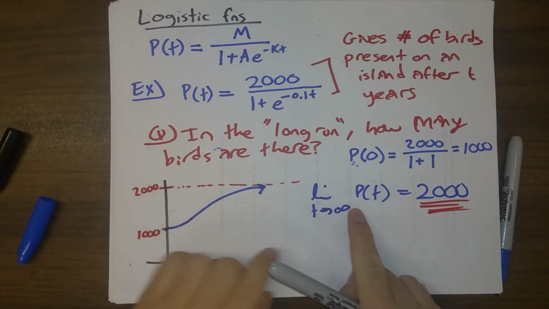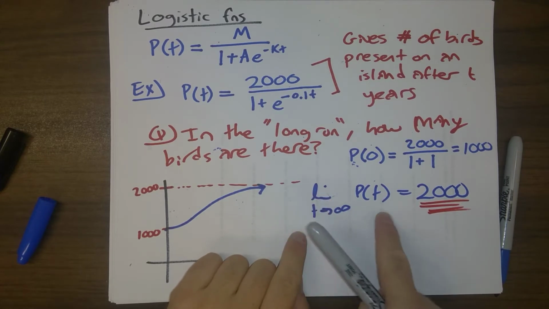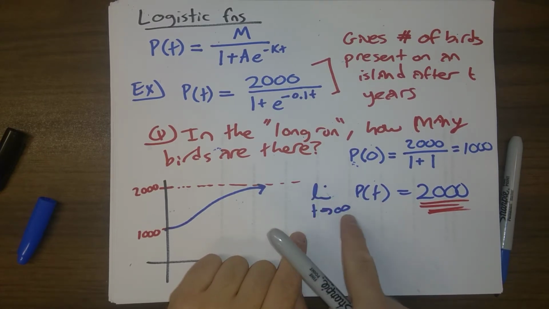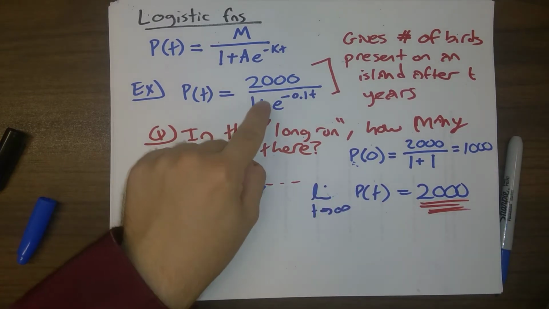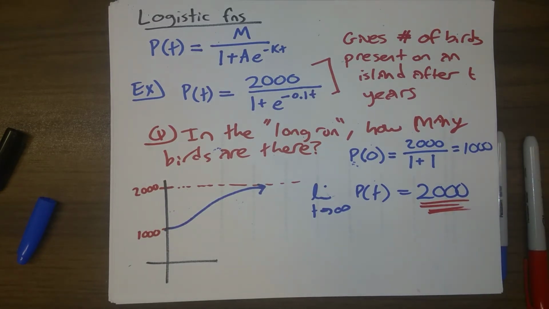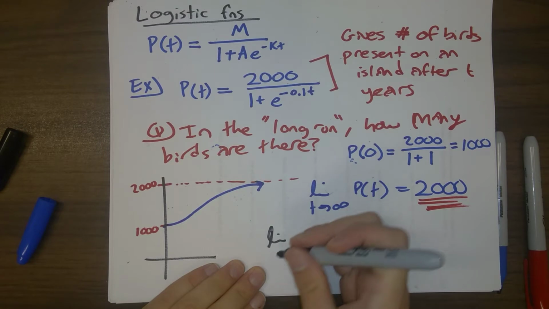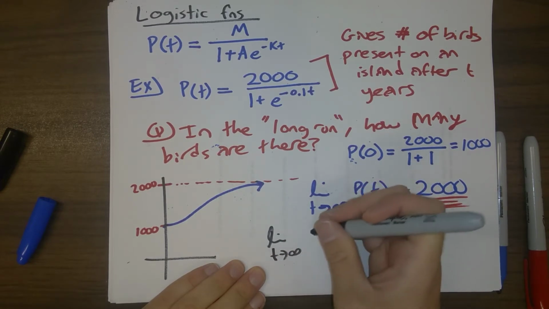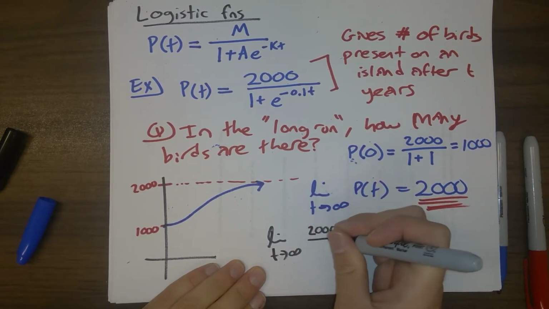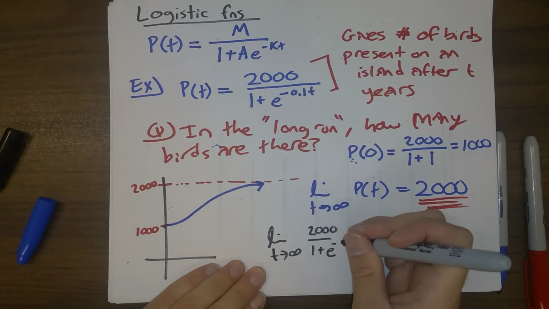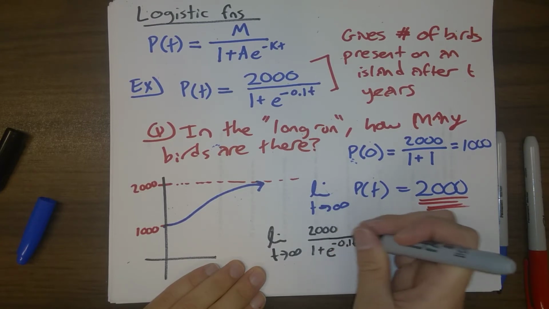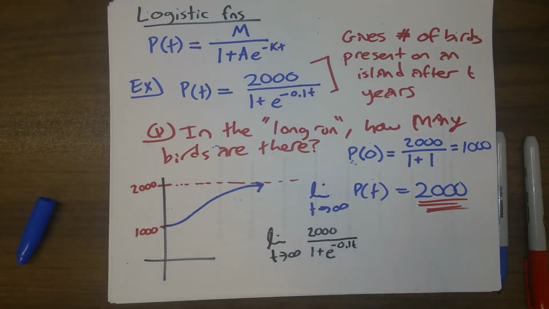In order to see how this limit works, how to see that this limit as t goes to infinity of p of t is in fact 2,000, from the formula here, all we have to do is take the limit as t goes to infinity of 2,000 over 1 plus e to the minus 0.1 t, and realize that the only thing that depends on t is the e to the minus 0.1 t part.